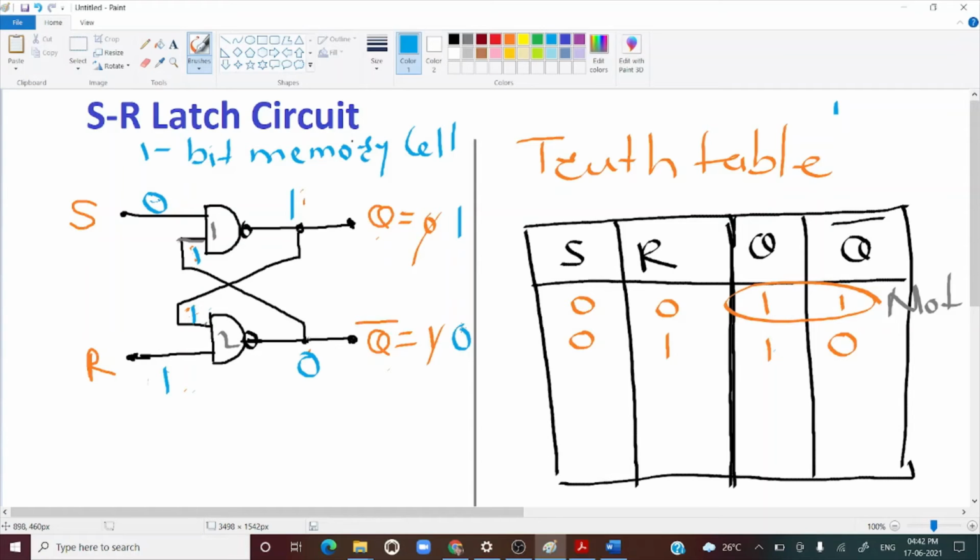Okay, S is 0, R is 1. Now here again one input of this first NAND gate is 0, right? So 0 NAND 1 is going to be, sorry, not 0, it is going to be 1. This output will be forced to be equal to 1, because its one input is 0.